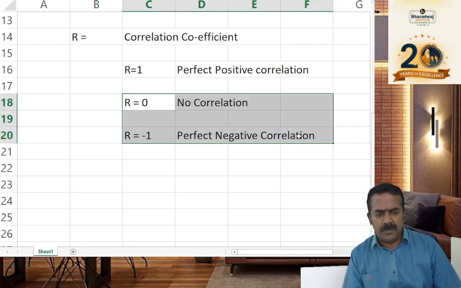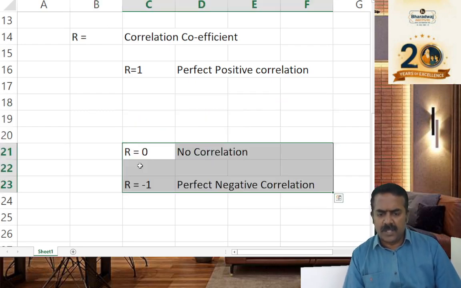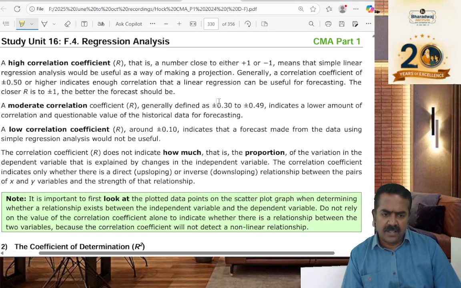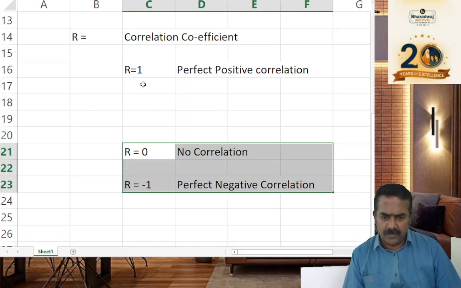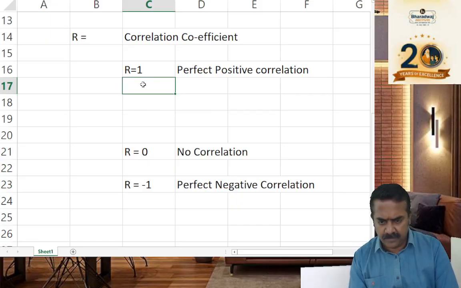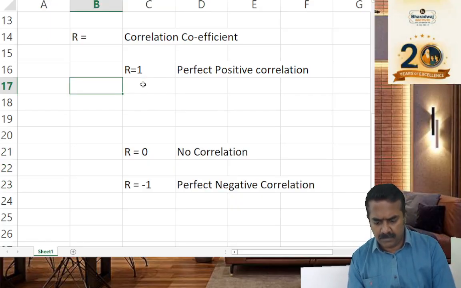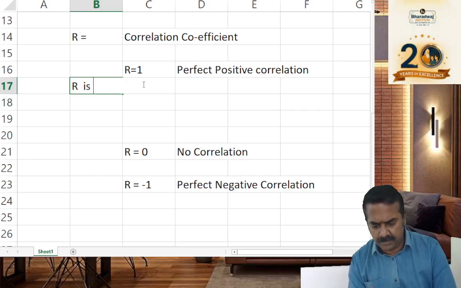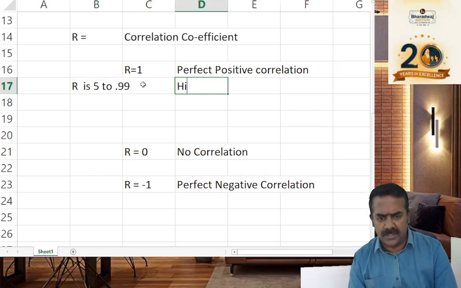So what happens in between values? For example, if R is greater than 0.5, we say high degree of correlation.